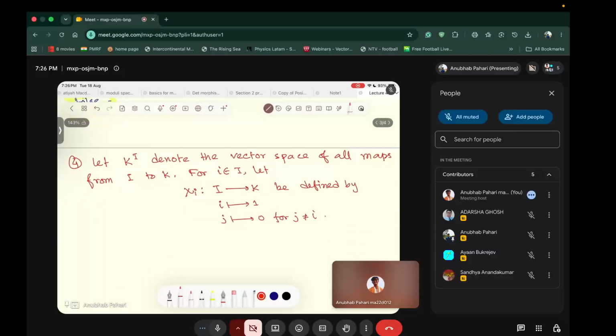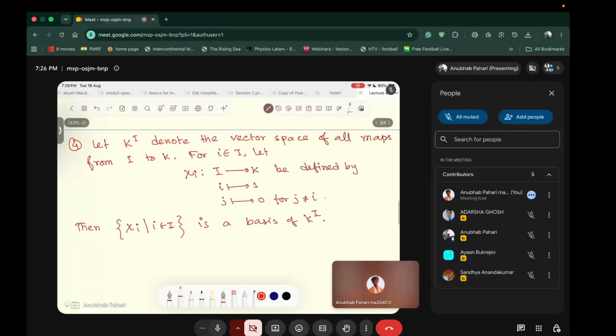Then what can we say about this? That chi_i, where i belongs to I, is a basis of k to the power I. So again, this is a true or false question.